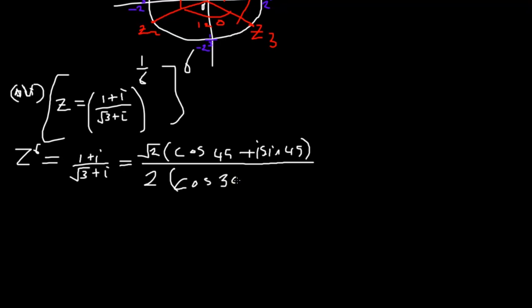Why 30? Because it's going to be tan inverse of 1 over root 3. So tan inverse of 1 over root 3, you get your answer to be 30. So it's going to be cos 30 plus I sine 30.